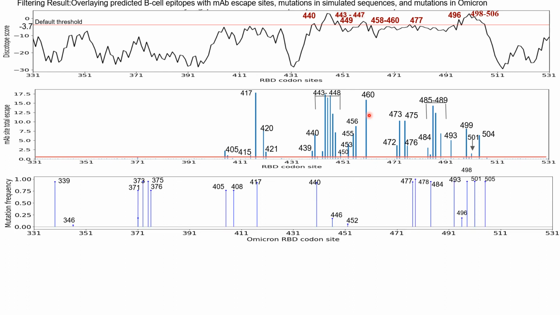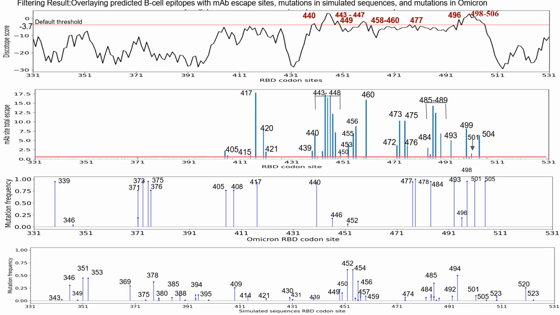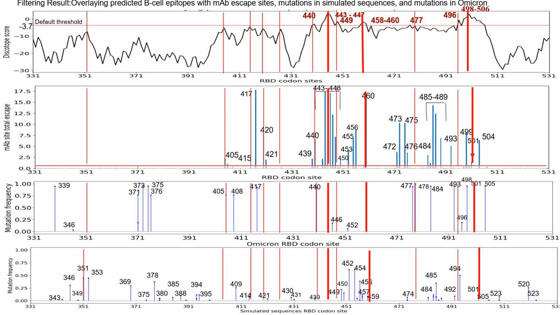The third set of filters is the mutations present in the Omicron RBD codon sites. Lastly, we overlap all these results onto the simulated sequences, and we can see important patterns coming up. For example, site 351 in the simulated sequences overlaps with a peak in the DiscoTope plot. Another position is 449, which has been identified as a B cell epitope and is also simulated in our sequence.